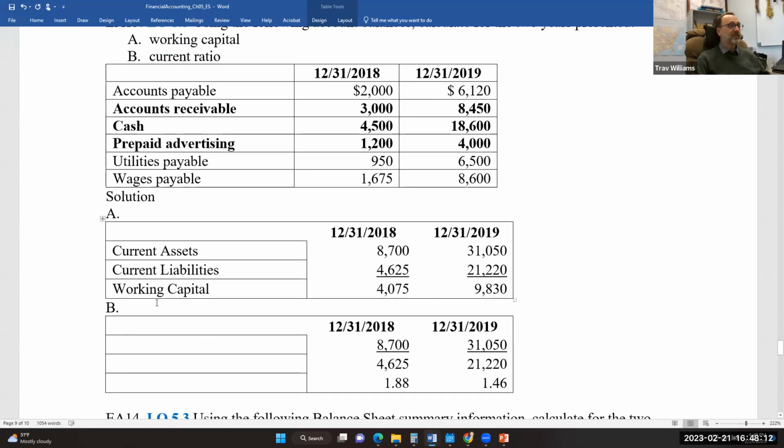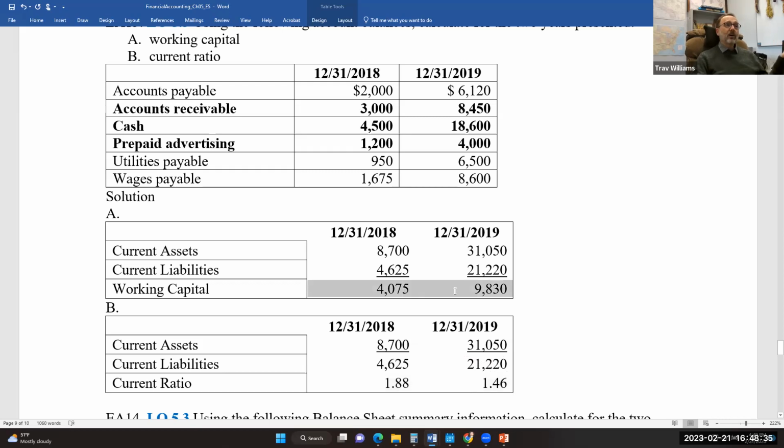You can probably guess what's coming next. You see we have the same current assets and current liabilities down here. In this case, though, they're being divided. And when we divide, we call that the current ratio. So in this case, it went from 1.88 down to 1.46. That's not great.